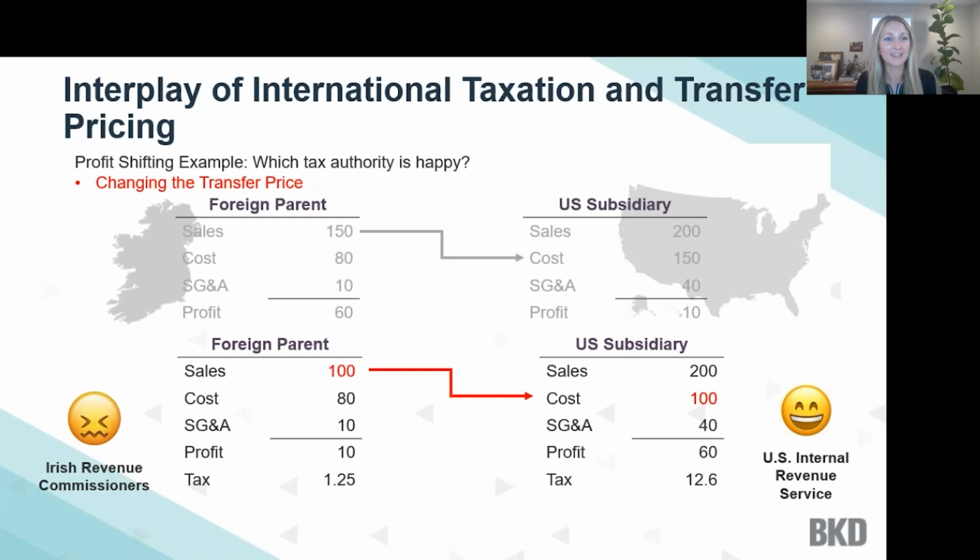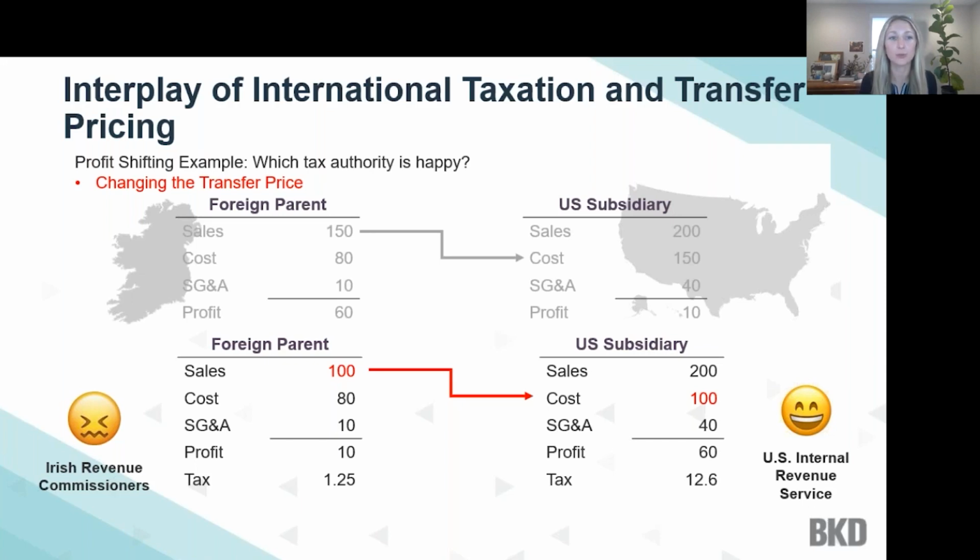Yes, and you can see in this example, because most of the profits were recognized in the US, since the transfer price was much lower than in the previous example, the worldwide effective tax rate is closer to 20%, because most of the profits were recognized in the US at a 21% rate.